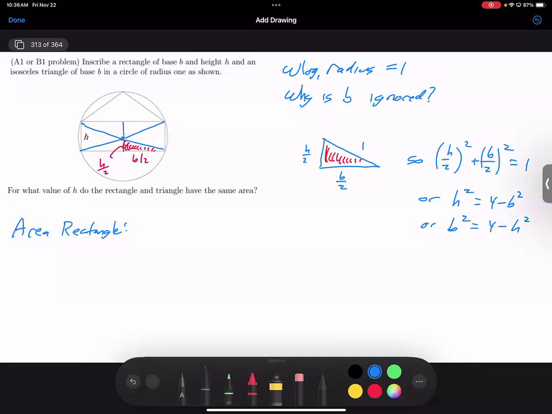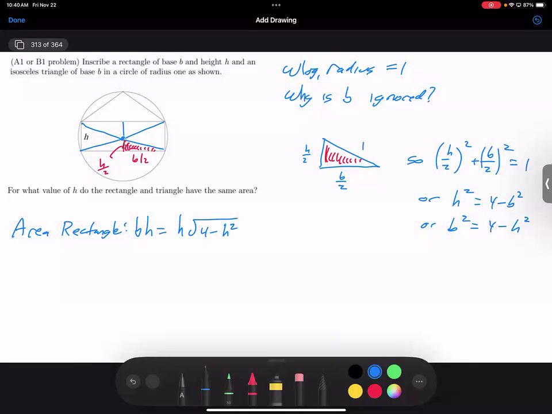So what would be the area of the rectangle? It's just B times h. And if we want to do everything in terms of h, it would just be h times the square root of 4 minus h squared. And we want to set the area of the rectangle equal to the area of the triangle.